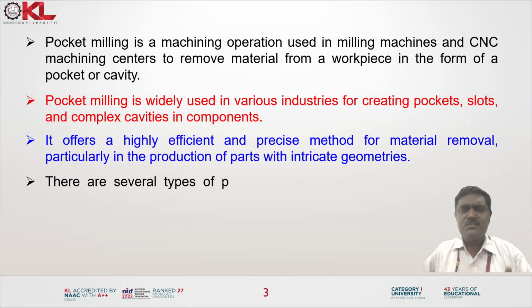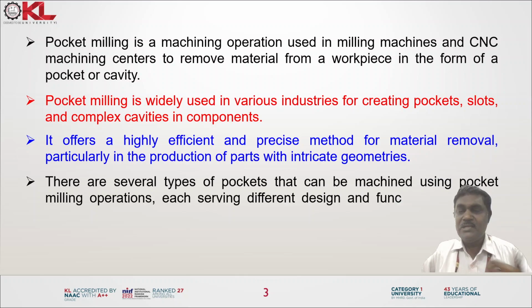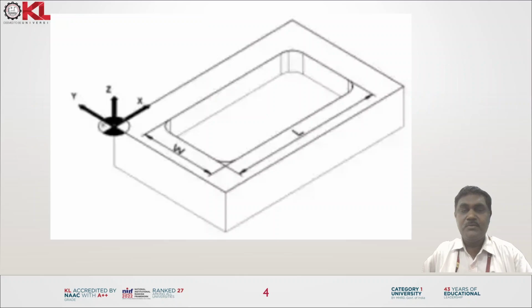There are several types of pockets that can be machined using pocket milling operations, each serving different design and functional purposes. Here are some common types of pockets we are using.